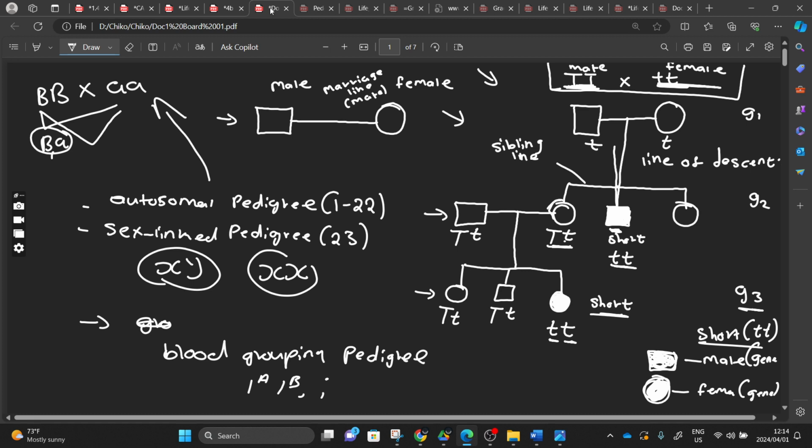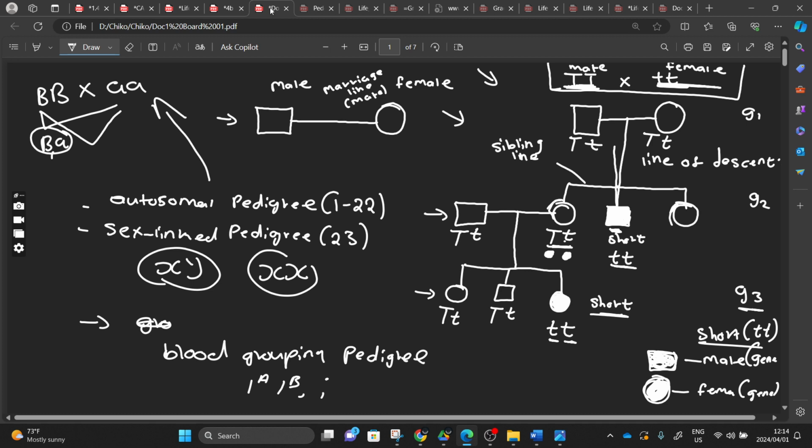And both of them are tall. It means that both of them have capital letter T, so this one got this T from the father and this T from the mother, or vice versa. The possibilities are there, right?